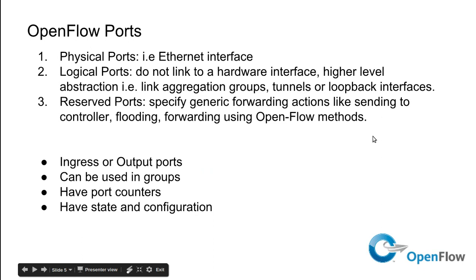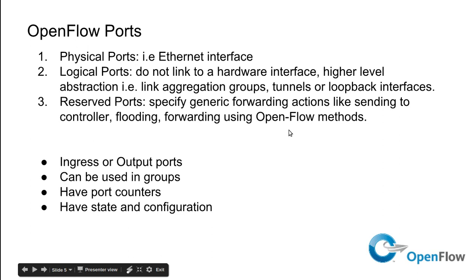Then here we're going to talk about the OpenFlow ports. The first kind of port is, of course, the physical port, which is basically the Ethernet interface. We have some logical ports that are not linked to a hardware interface, and they're kind of a higher level abstraction. An example could be our link aggregation groups, tunnels, or loopback interfaces.